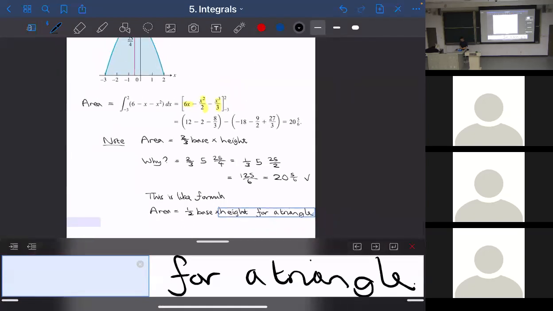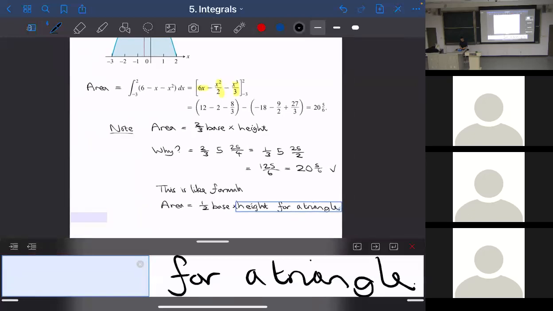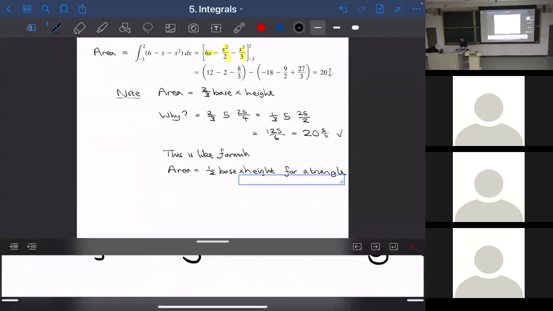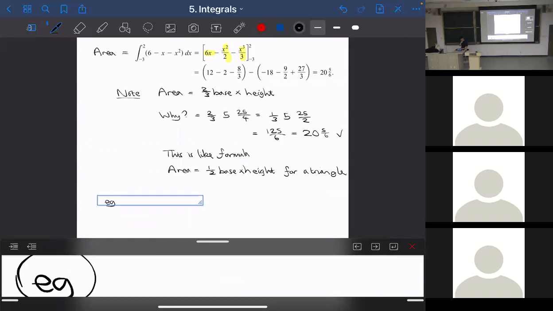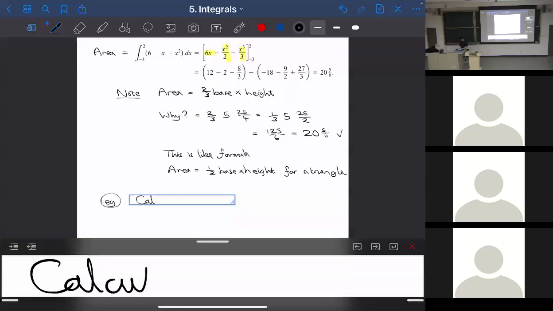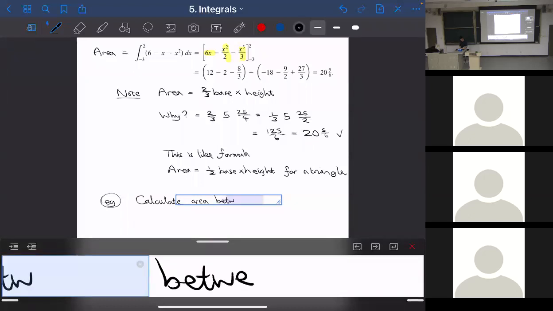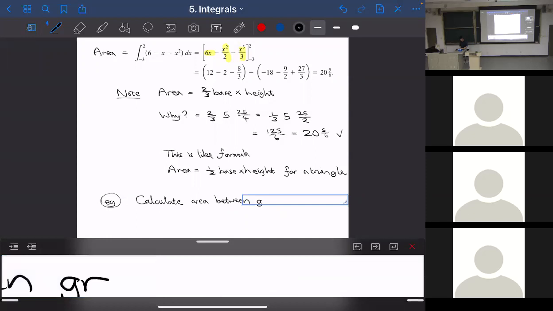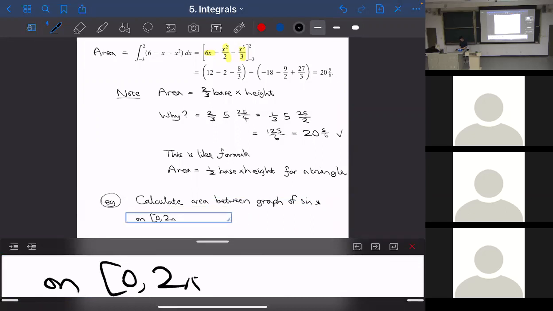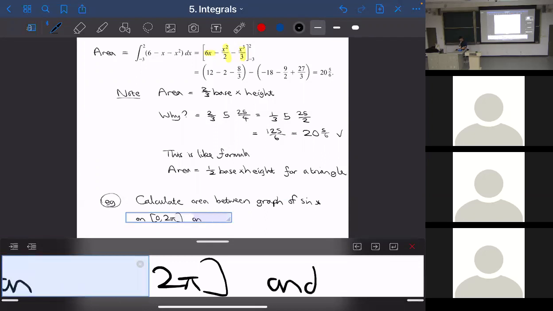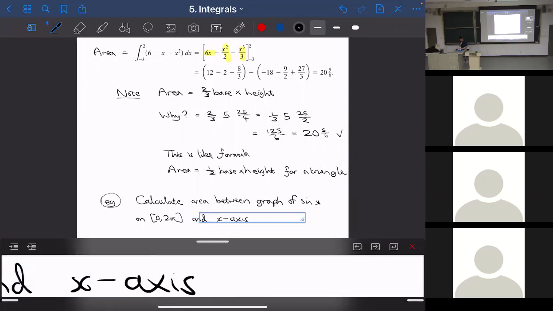Okay, so another example. So let's calculate the area between a graph of sine x on 0 to 2 pi and the x axis.